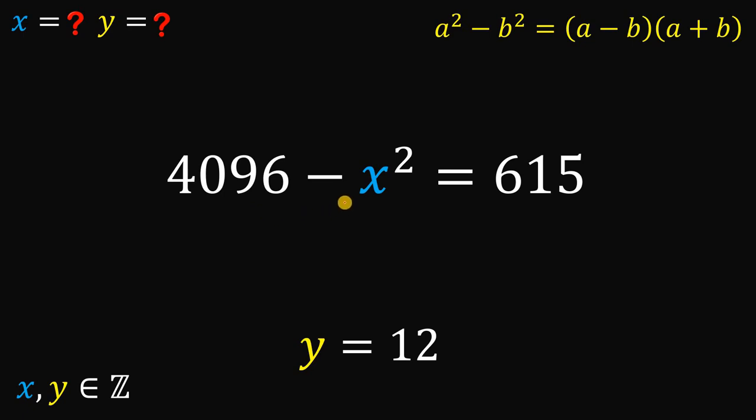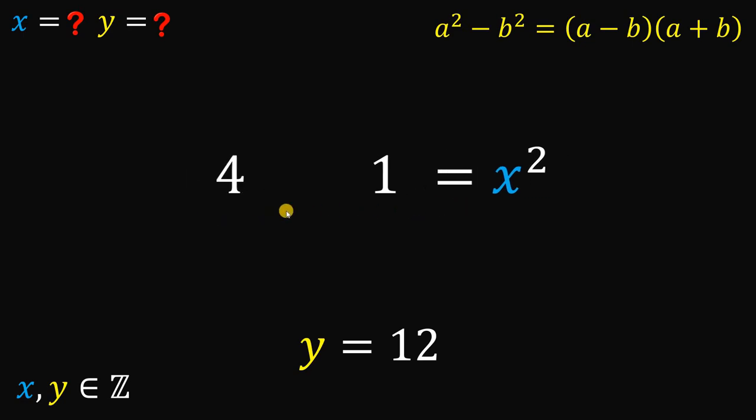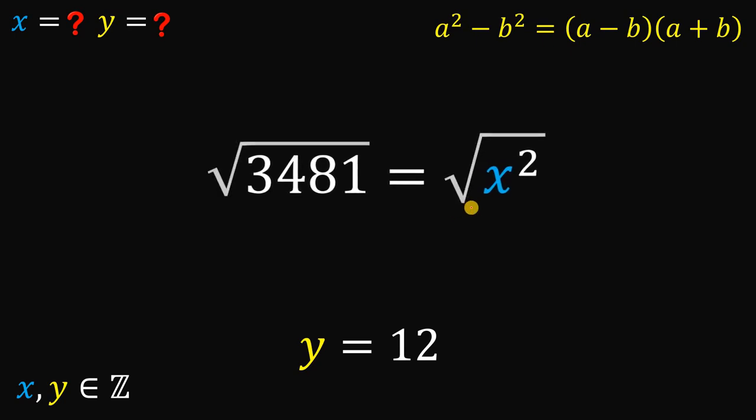Now, let's solve for the value of x. Let's add x squared on both sides, and subtract 615 on both sides. Now, 4096 minus 615 will give us 3481.